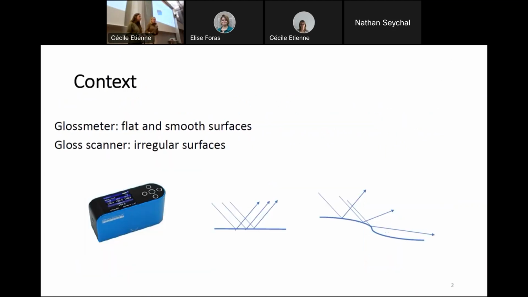There is a gloss meter, which is an object that can give us some values, but it is only for smooth surfaces, and our leather samples are irregular surfaces. So we had no conclusion with just the gloss meter.